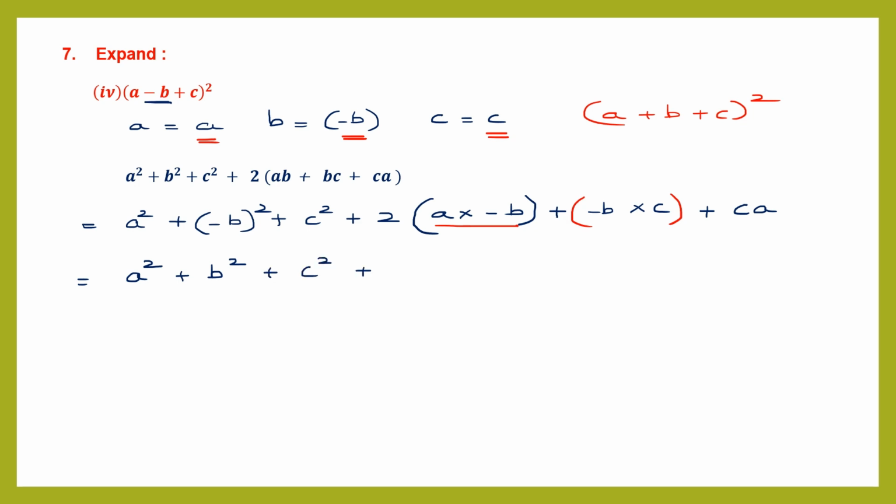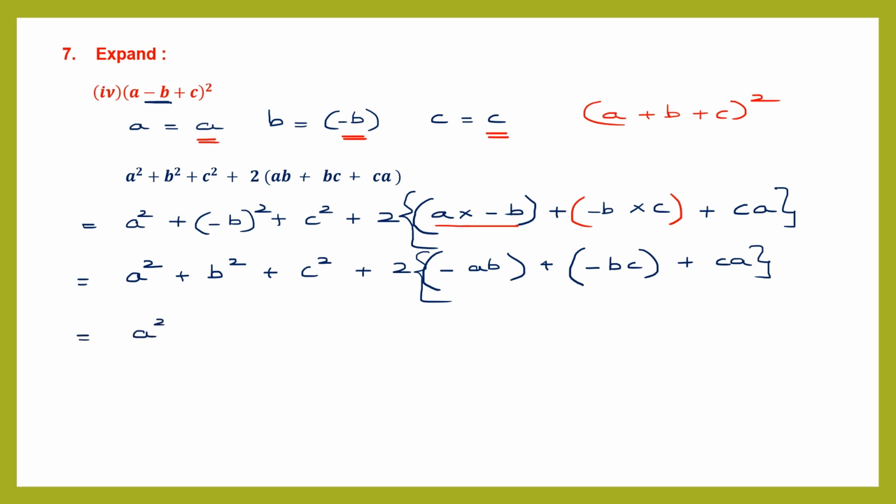Now here, before we open the brackets, let's work out what is inside. a into minus b is minus ab. Then here we have minus b into c is minus bc. And here we have ca. So all this has to be multiplied by 2. Keep that in mind.